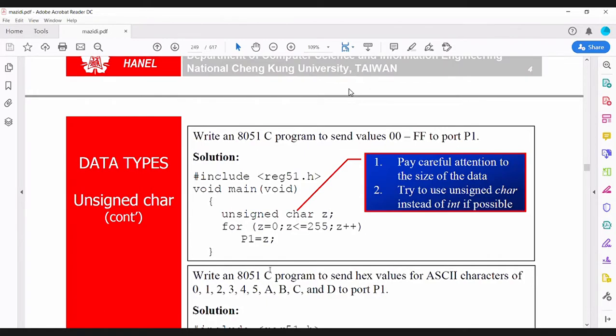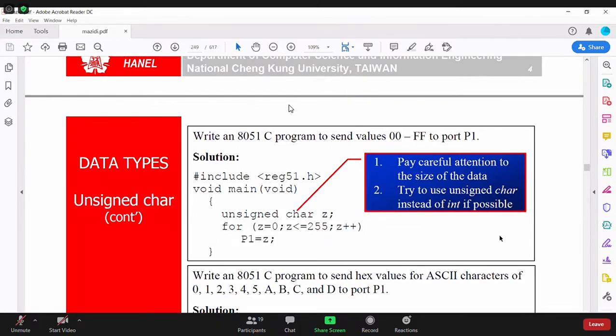Are you getting? Now for z equal to 0, how will we use a for loop in 8051? Z equal to 0 is the initial value. You will give a condition, then how it gets incremented. For loop is very important in assembly language and also in C programming.